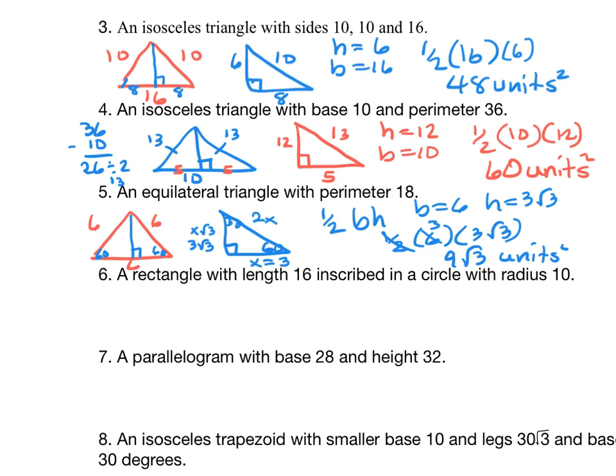Next question is a rectangle with length 16 inscribed in a circle with a radius of 10. So I have my rectangle here, and then it's inscribed in a circle. And it's got a radius length of 10.